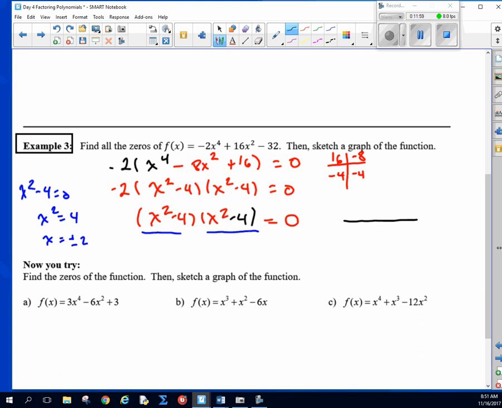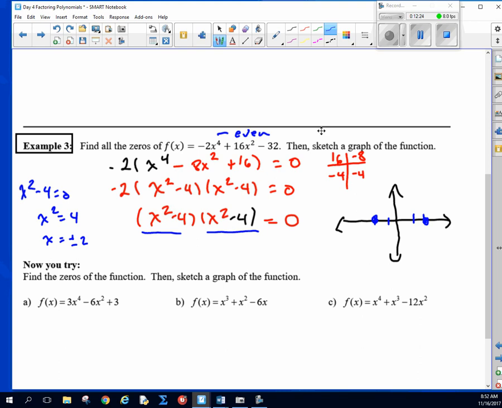When I go then to graph these, I have positive 2. I have negative 2. They're double roots. My leading coefficient is negative. My degree is even.